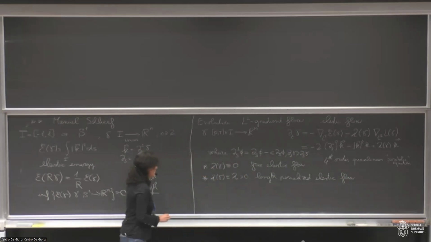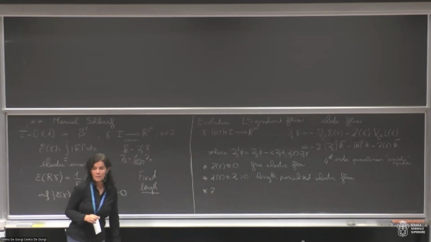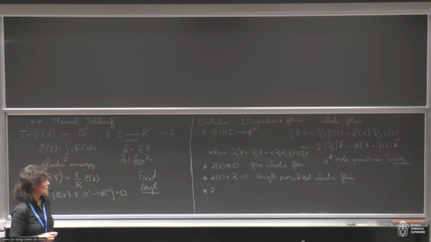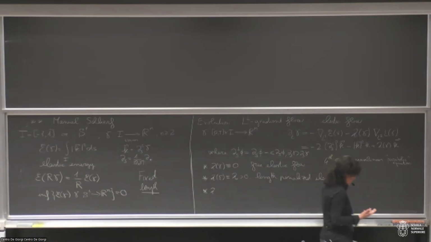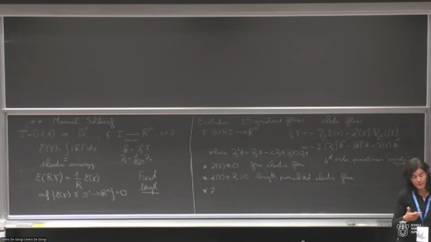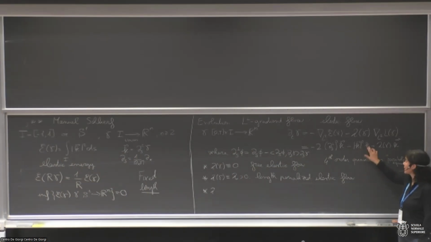Quasi-linear means that some derivative, not the highest order one, appears in a non-linear fashion. So here we can think of the curvature as like a second order derivative, for instance, and here you have the second order derivative to the third power. So it is not fully non-linear.